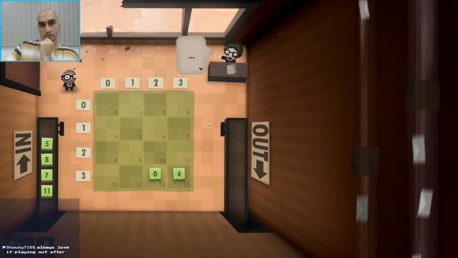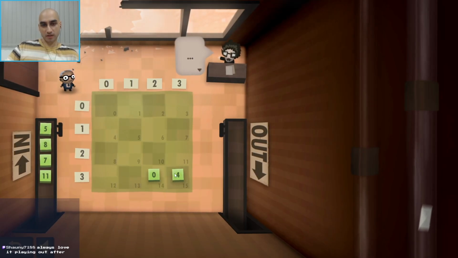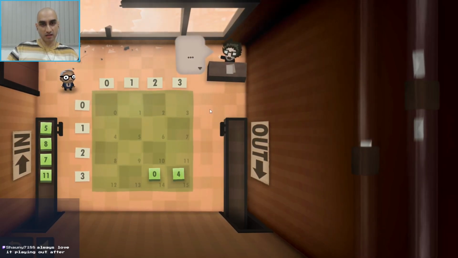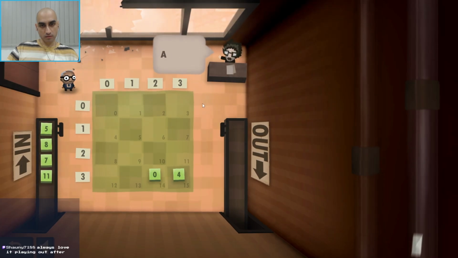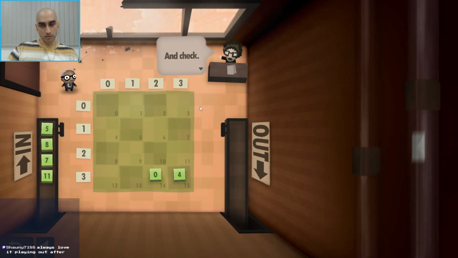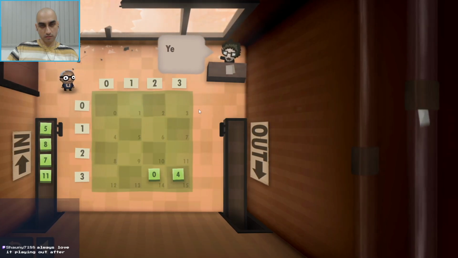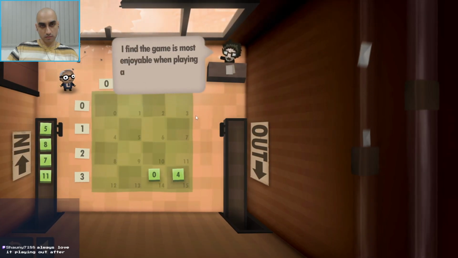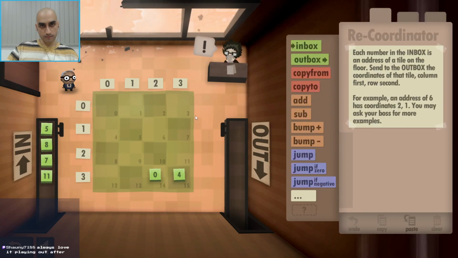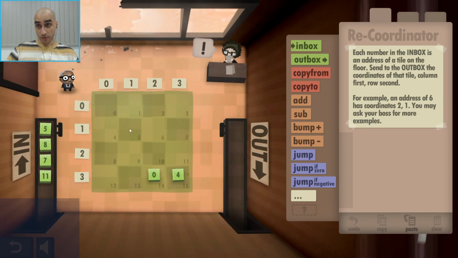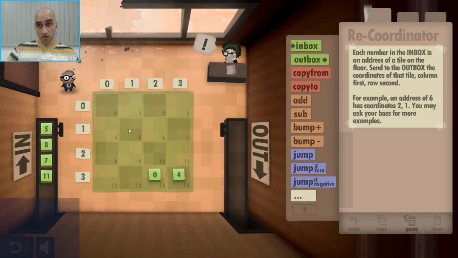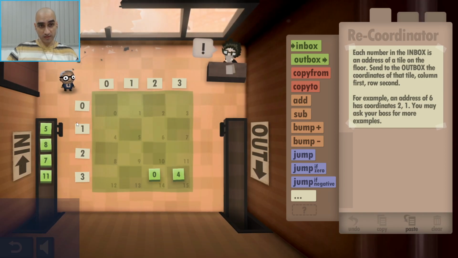Re-coordinator. Oh no. Okay. We're gonna split these numbers into the 2 digits, aren't we, or something? Each number in the inbox is an address of a tile on the floor. Send to the outbox the coordinates of that tile, column first, row second.